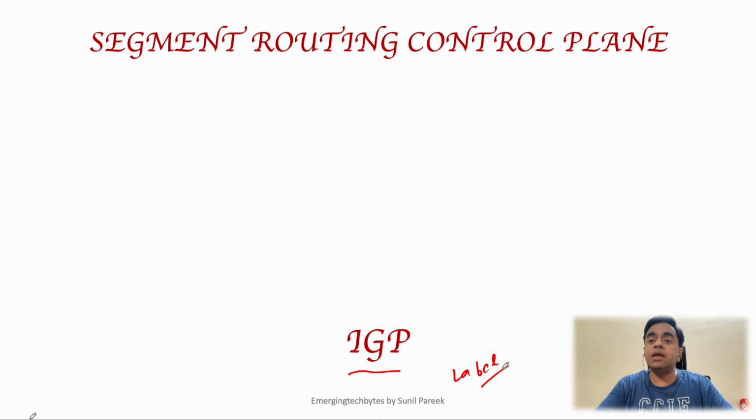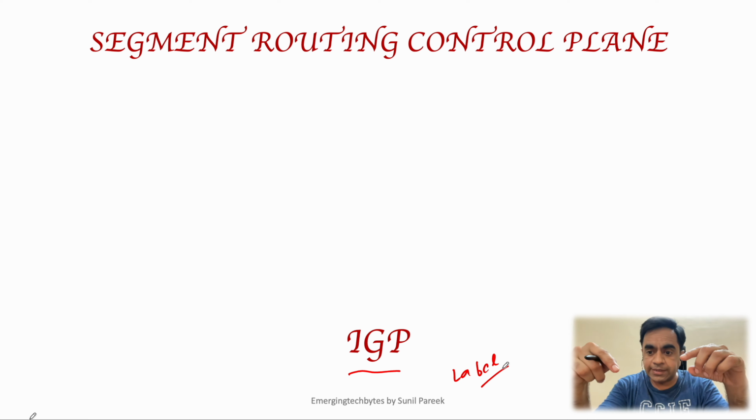But basically, what are those prefixes to which you should be assigning a label? I can have n number of IP addresses on a node. Does that mean I need to assign a label to all of that? And basically, this type of query is what I get.